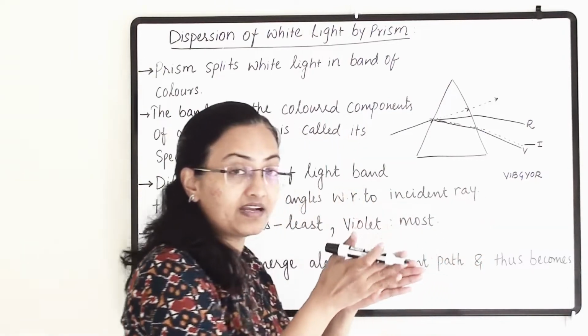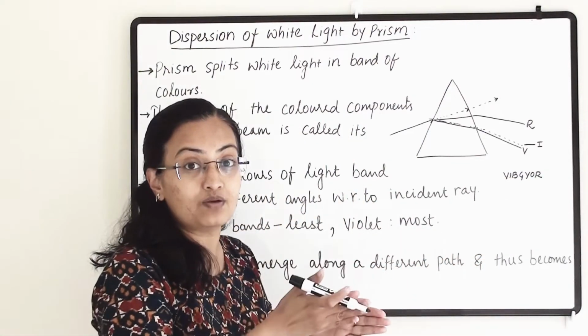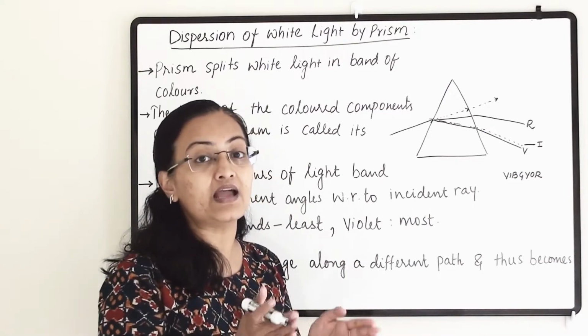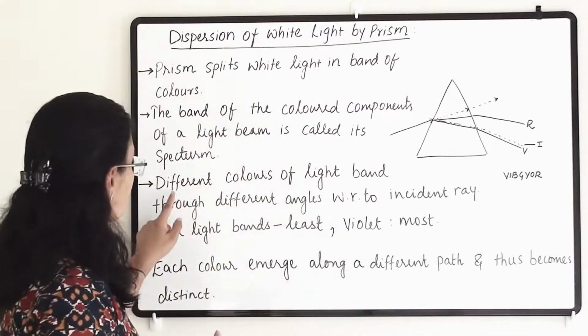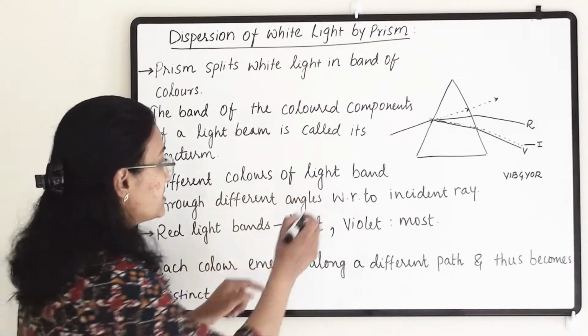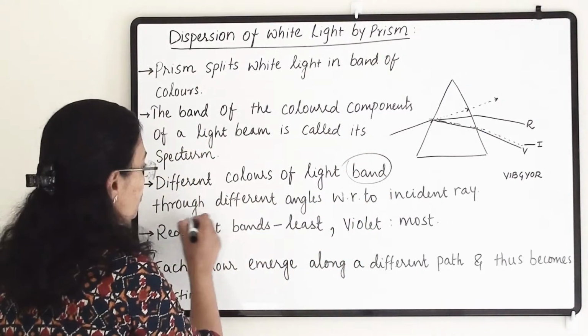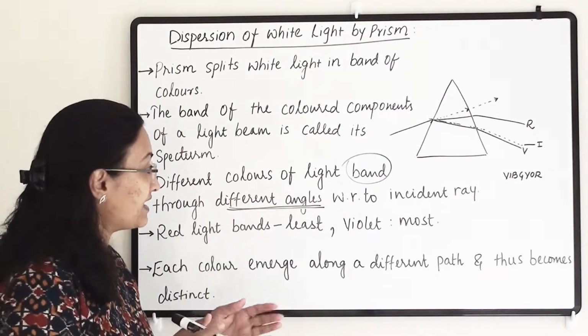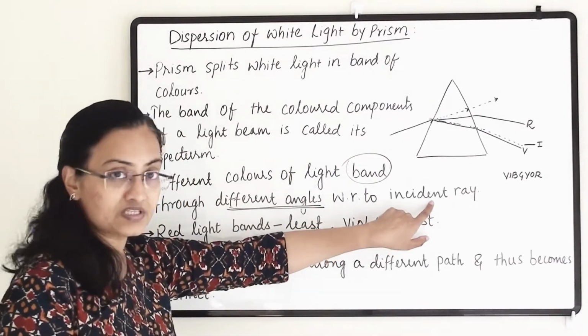When we are getting each color separately, that means they are bending separately, that means their bending angles are different. So different colors of light bend through different angles. They all bend through different angles with respect to the incident ray.